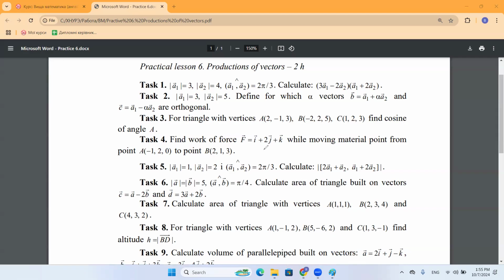I think first we should find the vector AB, and then each coordinate we replace with each value in the formula. Actually, no. The work of force is a scalar value, and it has a W symbol in physics. It is the scalar multiplication of force and vector AB, and that's it. It's simple, just the physical usage of the scalar product of vectors.